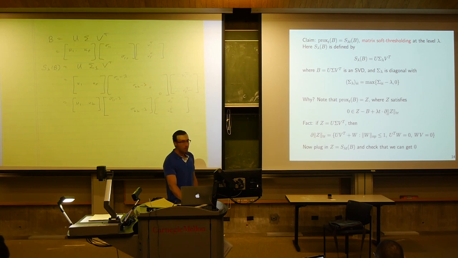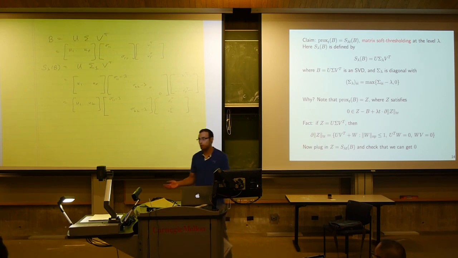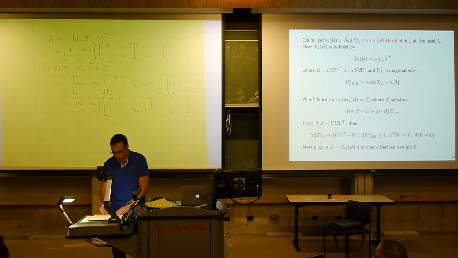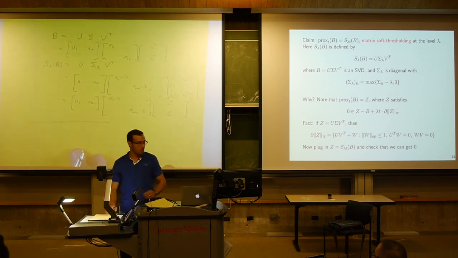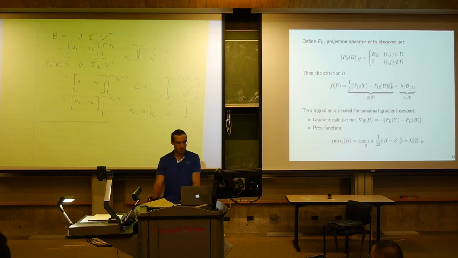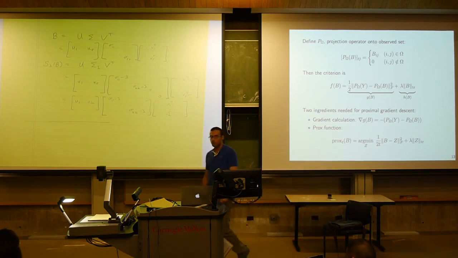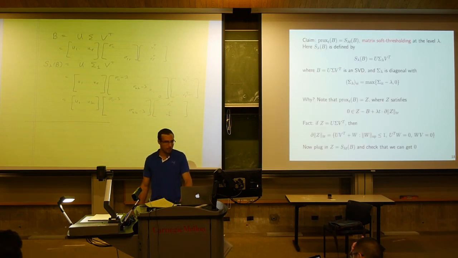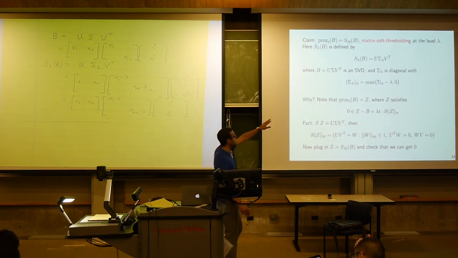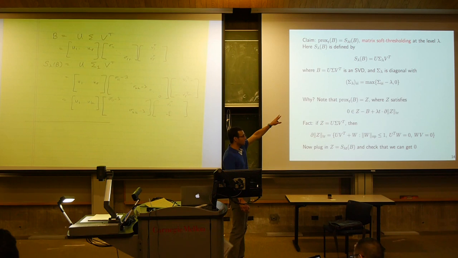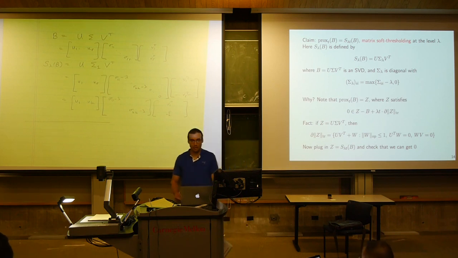The way we derive pretty much all prox operators, like you've done in the homework, is we just apply subgradient optimality. You want to compute a prox operator, so you take a subgradient of the criterion, set it equal to 0, and then find the value of z that makes that true. Here I've already told you what the answer should be, so we just have to check that we do get a 0 subgradient of the criterion when z is equal to this.